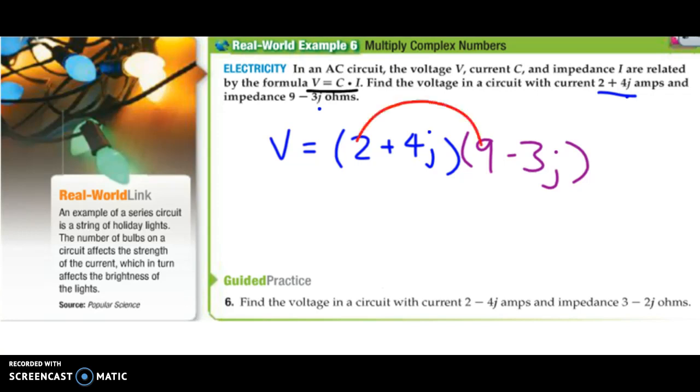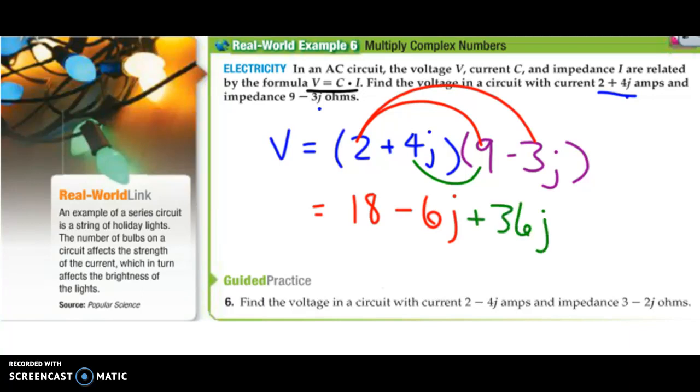So first times first, which will be 2 times 9, which is 18. The outsides, 2 times negative 3j would be negative 6j. Insides, 4j times 9 is plus 36j. And then finally, 4j times negative 3j is going to be negative 12j squared.